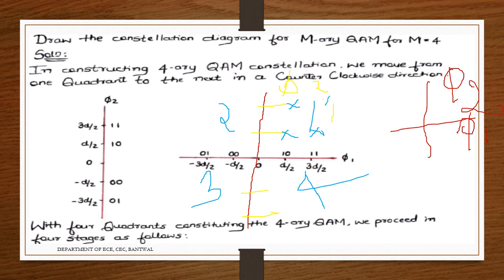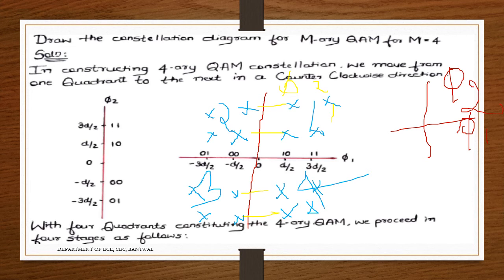First quadrant, second quadrant, like this, up to the fourth quadrant. The intersection points between these two give a 2 into 2 matrix, so it will be in matrix form.